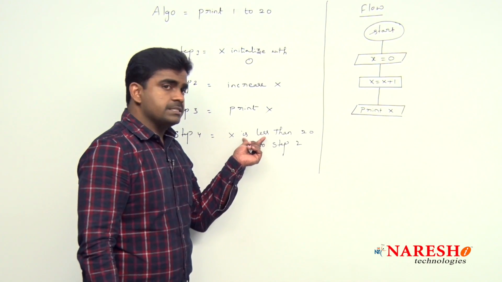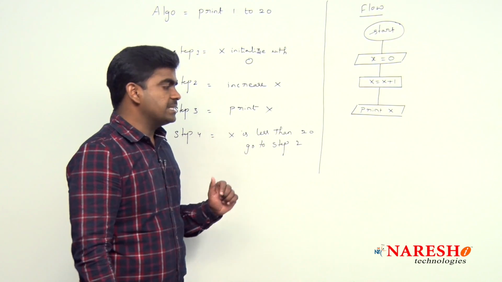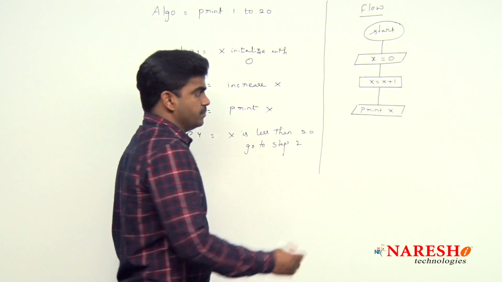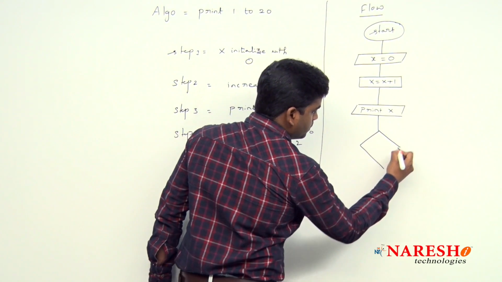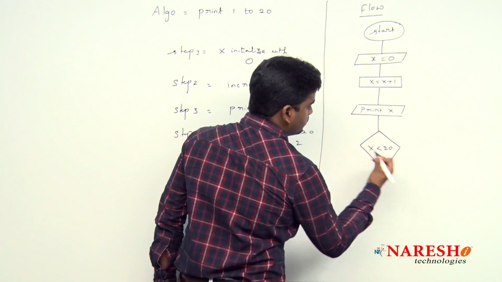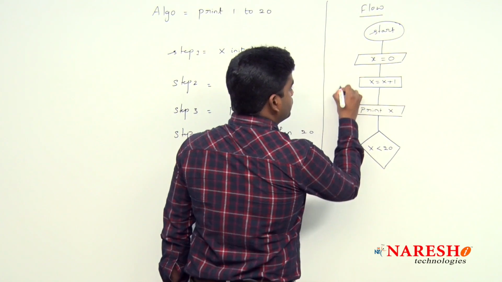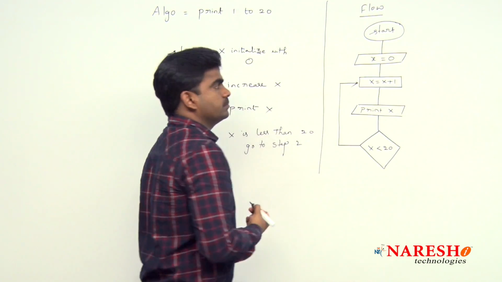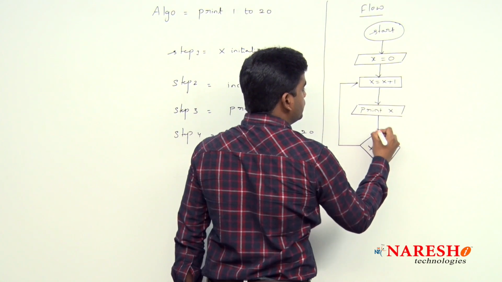After that, the decision is important. The condition we need to specify. If x is less than 20, this is the condition. If the x value is less than 20, again just go to step 2. And this arrow is representing the flow.